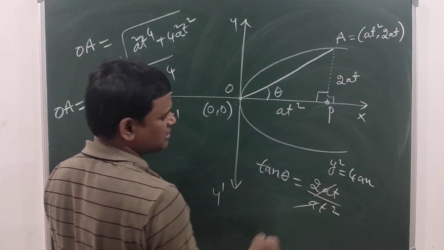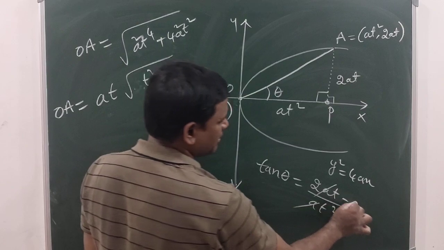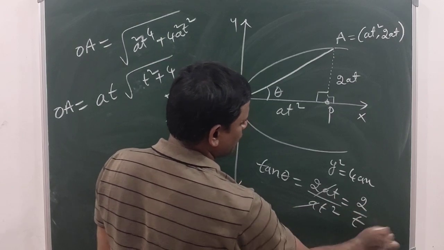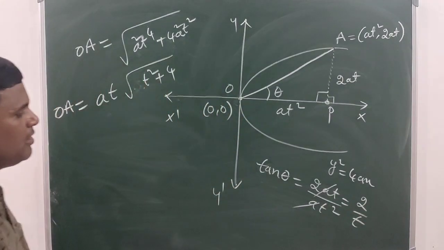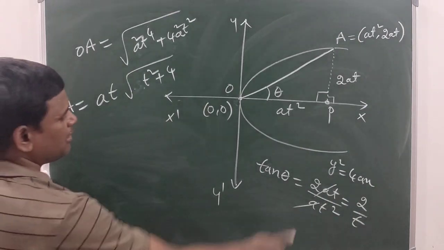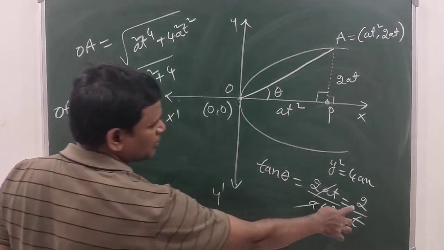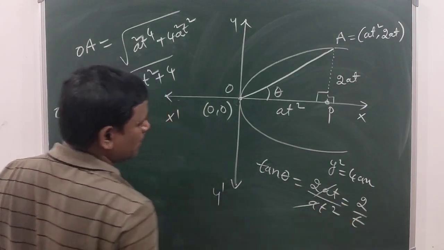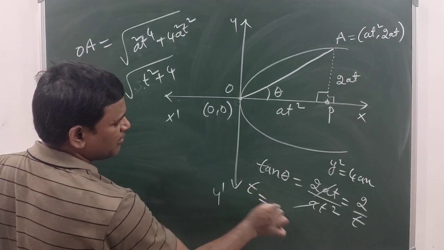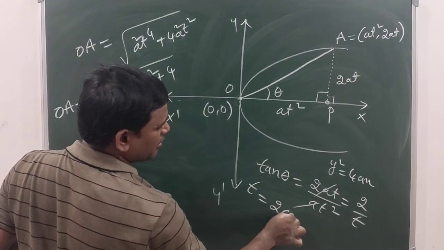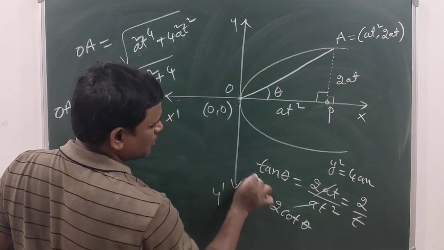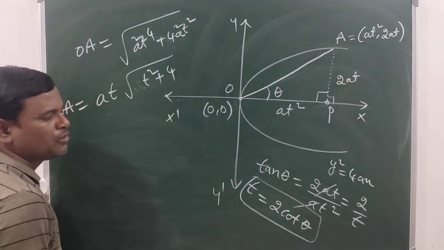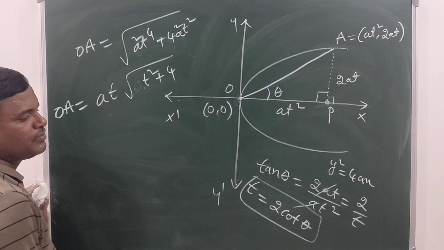Now a and a cancel, one t cancels. 2 by t. So tan theta is equal to 2 by t. Then t will be 2 cot theta. So t is equal to how much? 2 cot theta. Am I right?